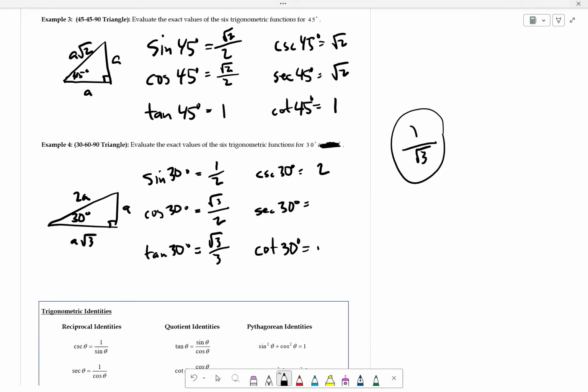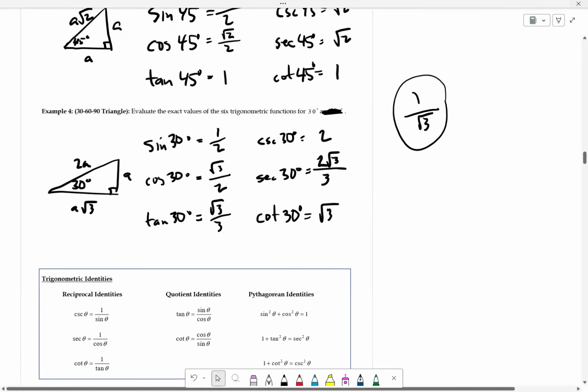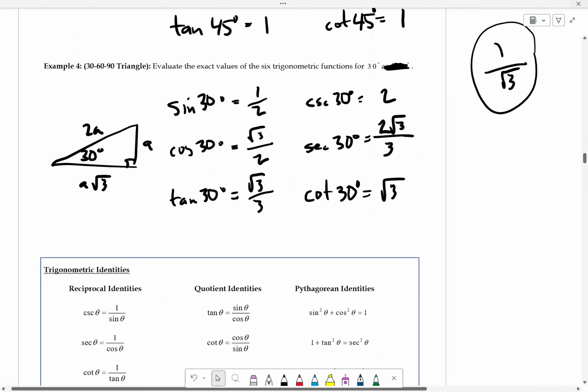You didn't get secant of 30 yet, did you? Could someone fill us in on secant of 30? 2 over root 3 over 3. And if you said 2 over root 3, that is correct. It's correct, but it's not rationalized yet, but it is a correct answer. Generally, I want rationalized denominators. Easy.